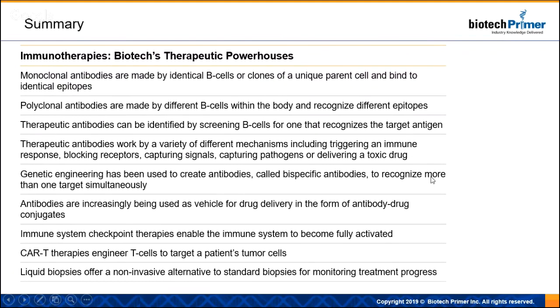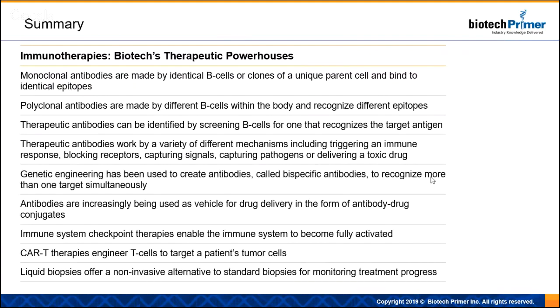Genetic engineering has been used to create a new class of antibodies called bispecific antibodies, and these can recognize more than one target simultaneously. So, for example, they can be used to bring a white blood cell, such as a killer T cell, in close proximity with a tumor cell.